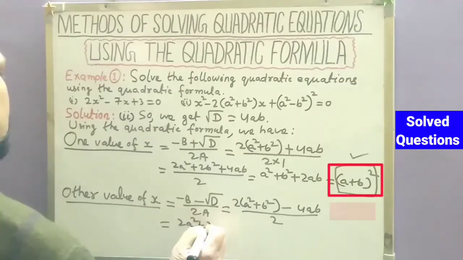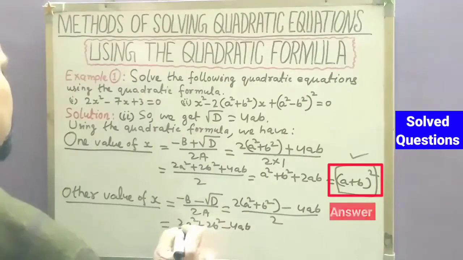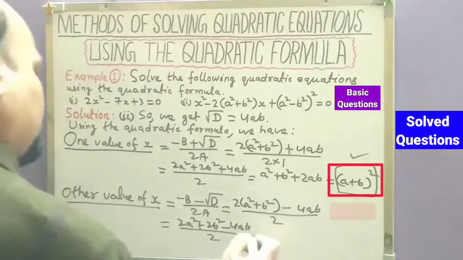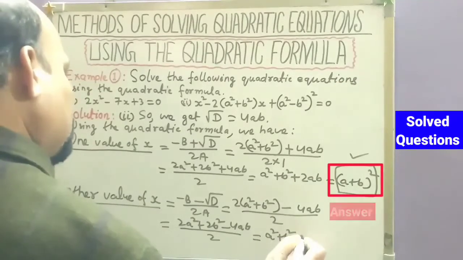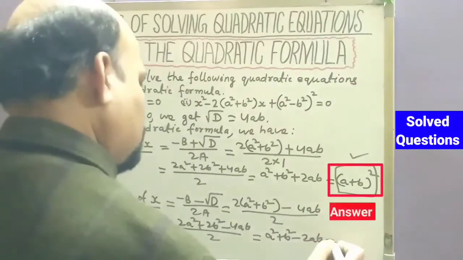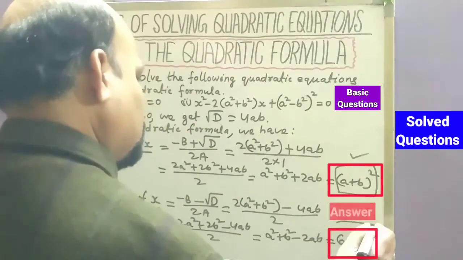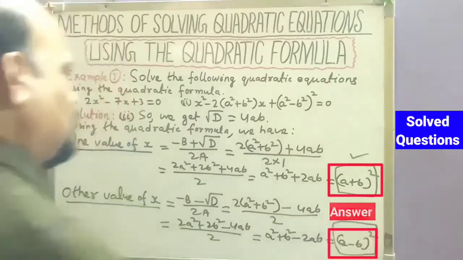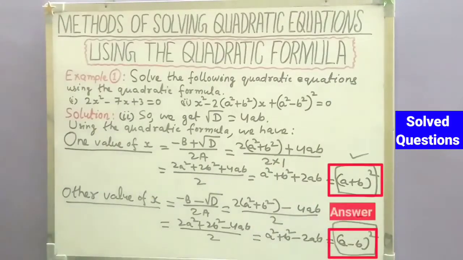Opening brackets, we get (2a² + 2b² − 4ab)/2, that equals a² + b² − 2ab. This is the formula of (a − b)². This is the other value of x. Hence, these are the two values of x.